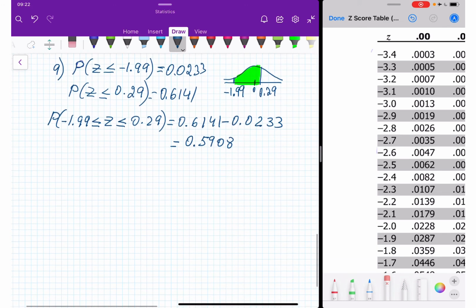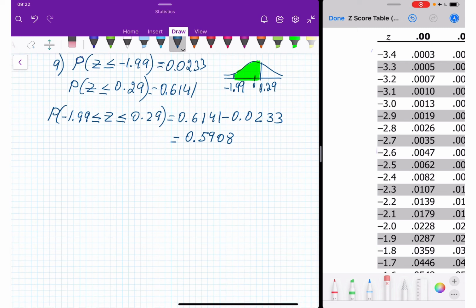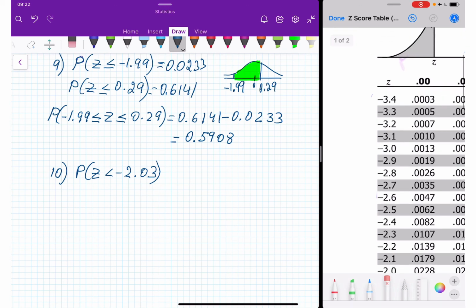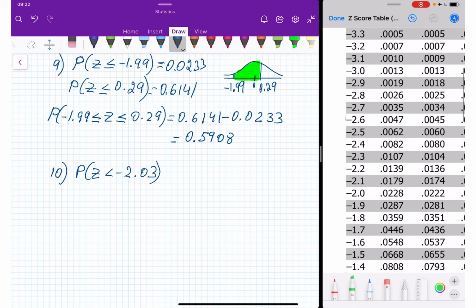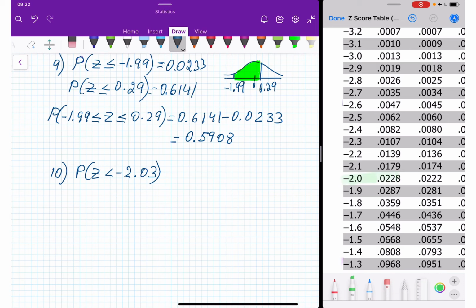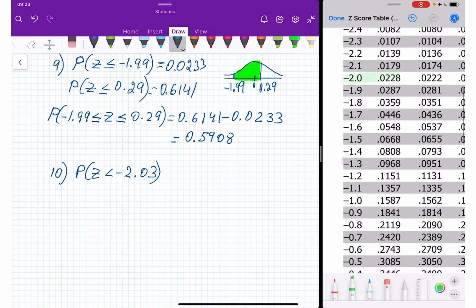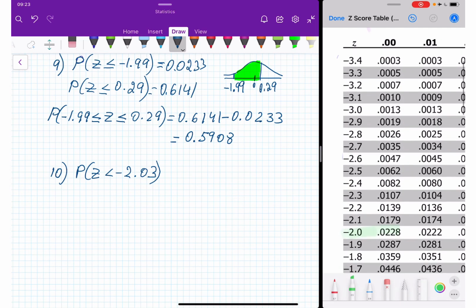Okay, question number 10. So we need to find probability for z-score is less than negative 2.03. Okay, negative 2.0. So we are taking 2.0 and then we go where 3 is.